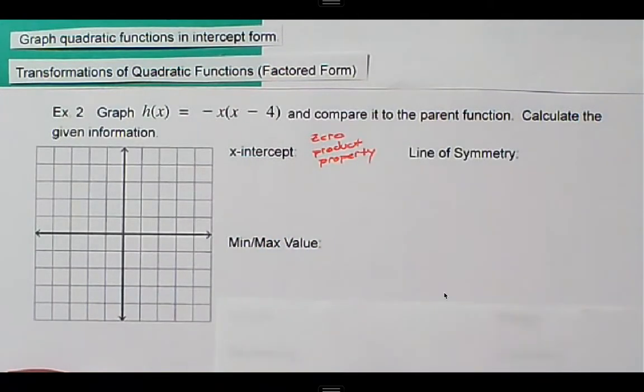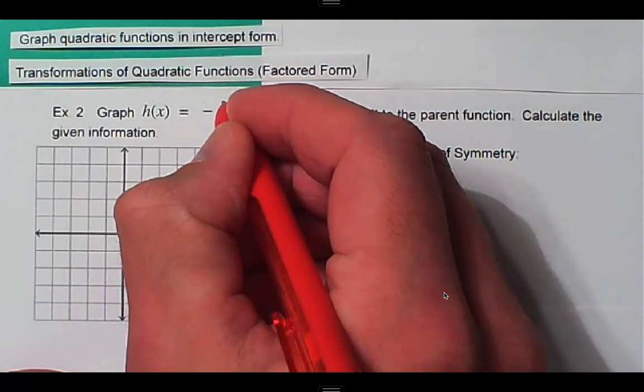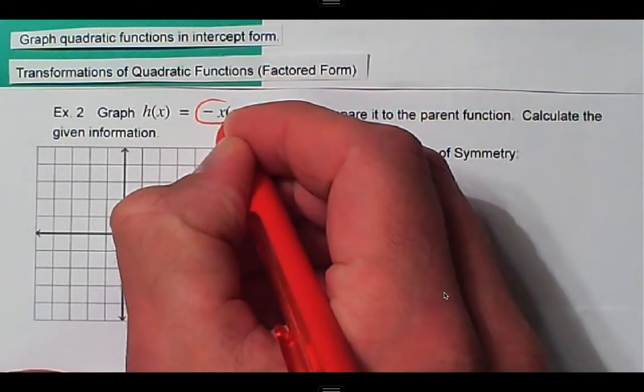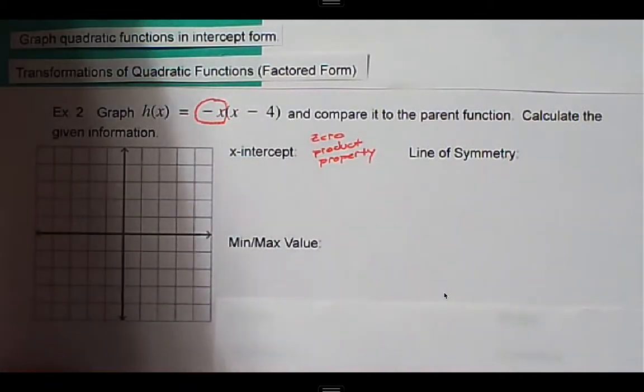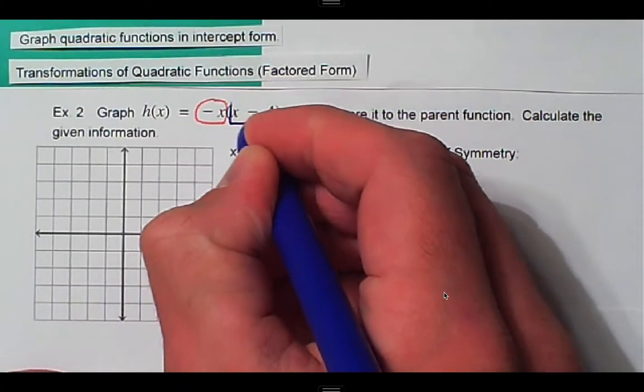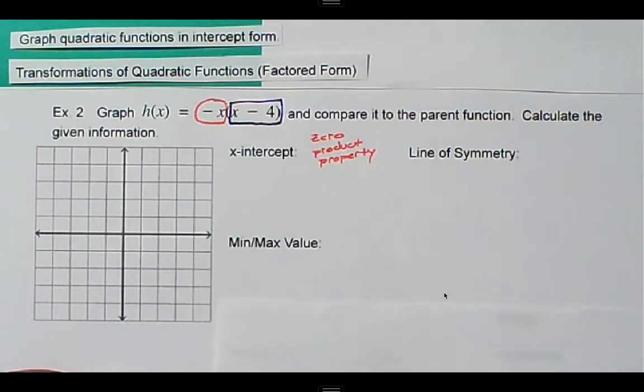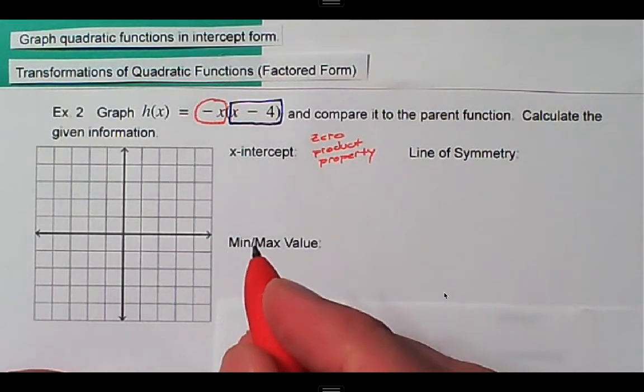What the zero product property says is there are two products in a quadratic. So we have negative x there, and we have x minus 4 there. Each one of those, if they're equal to 0, is going to give a zero.